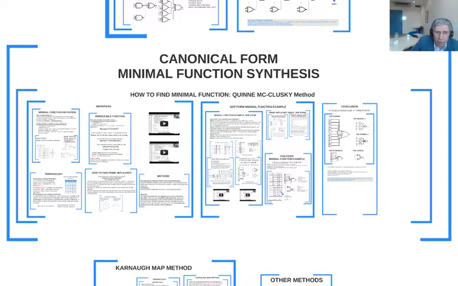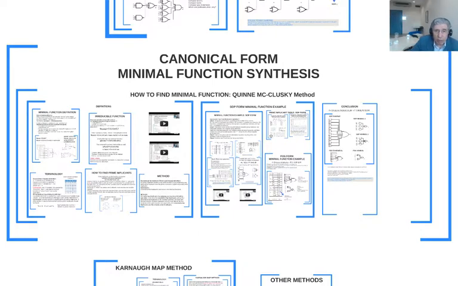This group here have to find the minimal function by using the prime implicants. We explained all those. This method is called Quine-McCluskey method. Within the Quine-McCluskey method, we have used the prime implicants table. From the prime implicants table, we can find out essential prime implicants.